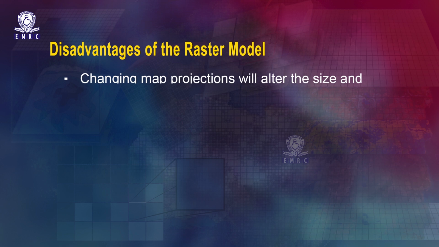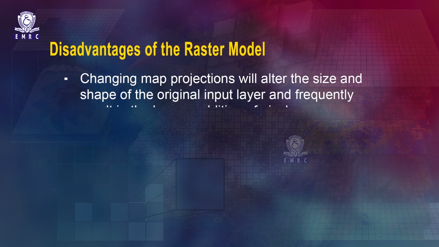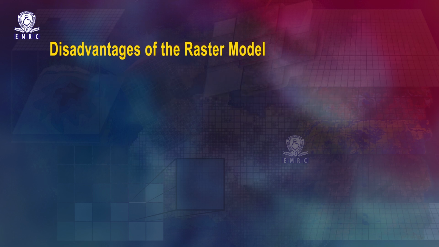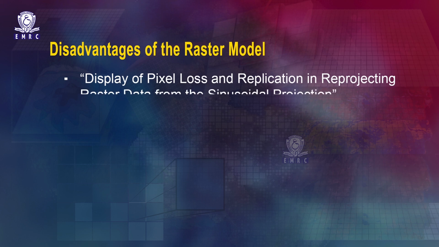The geometric transformations that arise during map reprojection efforts can cause problems for raster graphics and represent a third disadvantage to using the raster data model. As described, changing map projection will alter the size and the shape of the original input layer and frequently result in the loss or addition of pixels. Display of pixel loss and replication in reprojecting raster data from the sinusoidal projection.